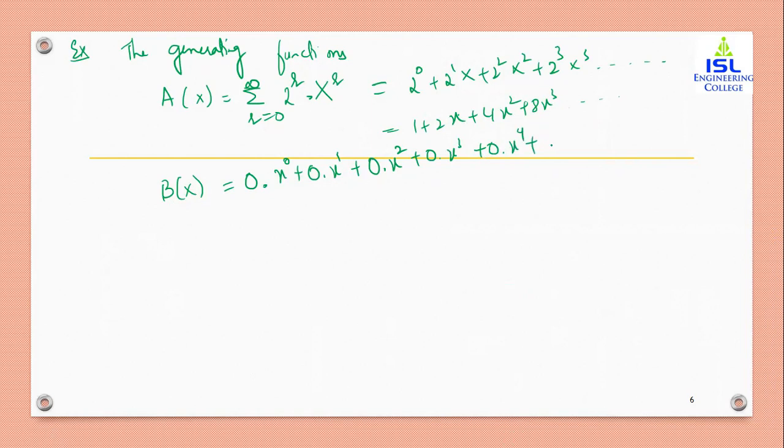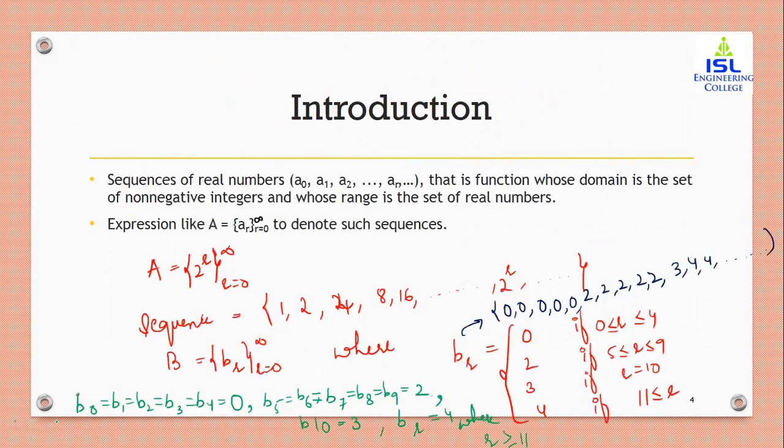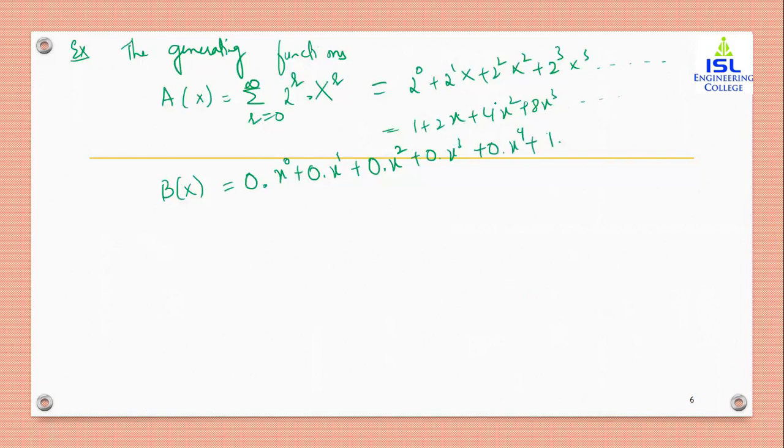After that we have, not 1, in the question we have 2. So 2 into x power 5 plus 2 into x power 6 plus 2 into x power 7, 2 into x power 8 plus 2 into x power 9.